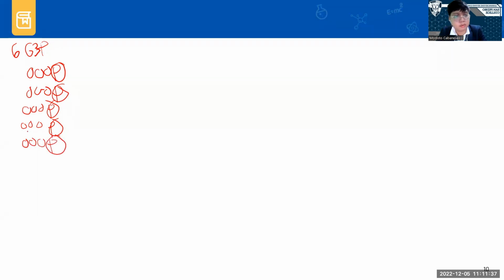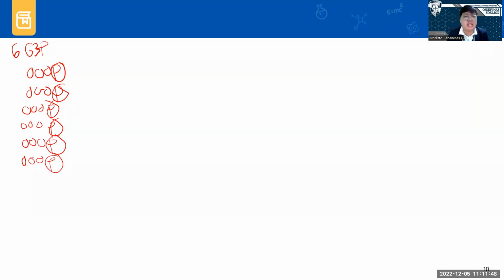So ang starting molecule natin is yung 6 molecules ng G3P or glyceraldehyde 3-phosphate, which is this one. 1, 2, 4, 1, 2, 3, 4, 5, 6. Hindi ko na i-add yung H ha, basta nakalagay na dyan yung H.